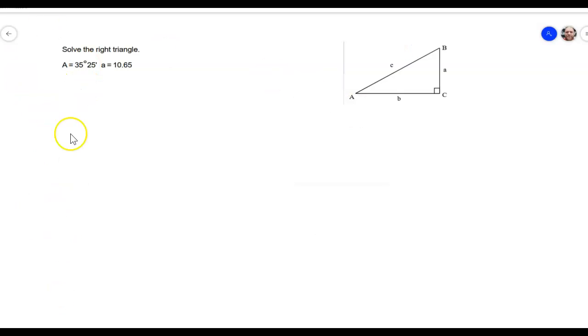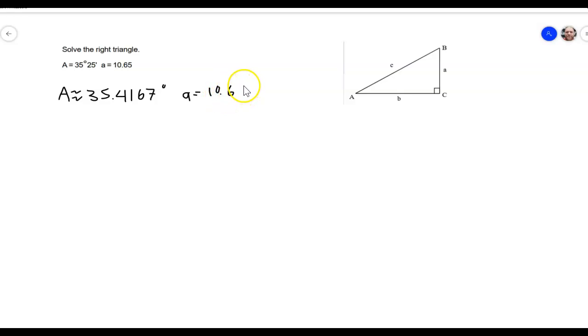So A is approximately equal to 35.4167 degrees, and we still have little a equal to 10.65.